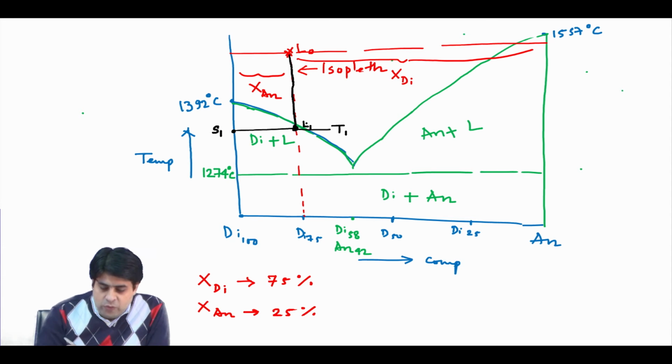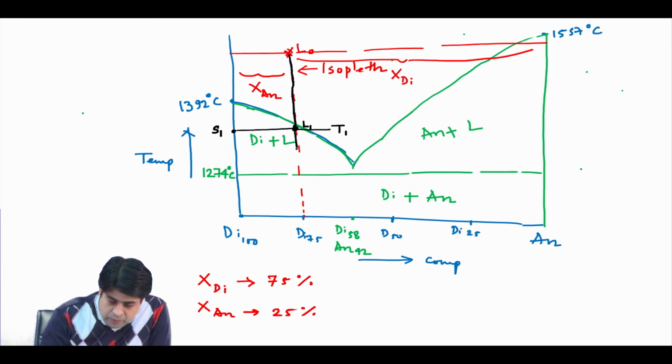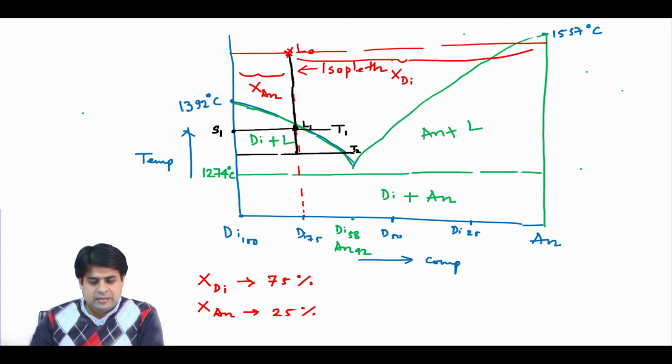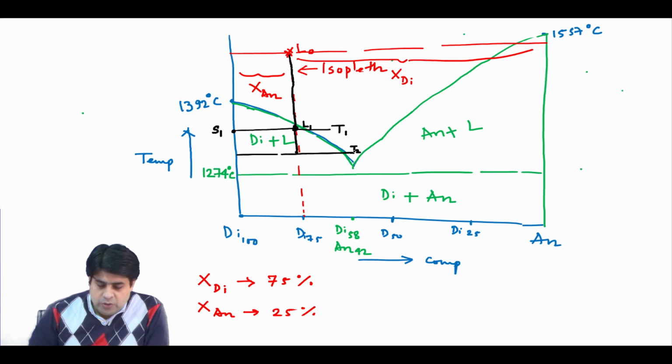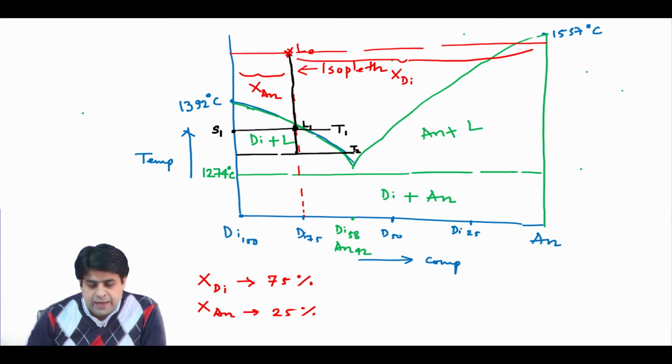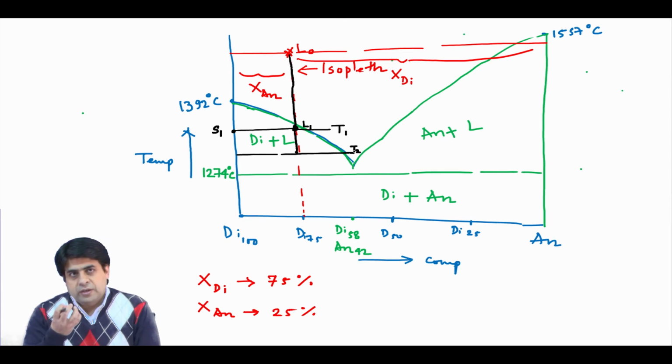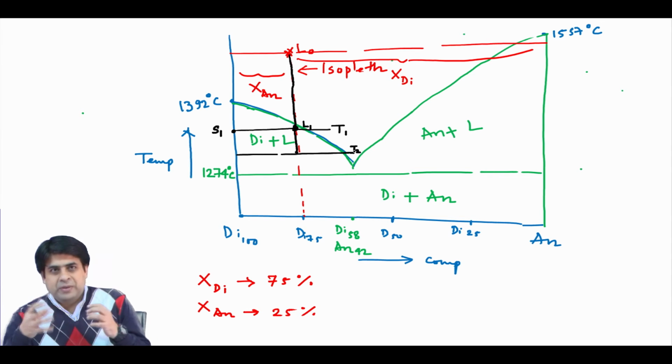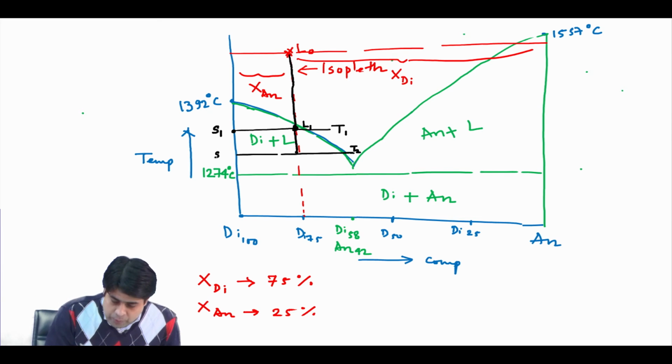When you further decrease the temperature and reach, say, a T2 temperature, for example close to 1300, your melt precipitates more solid, and the solid will have an S2 composition.